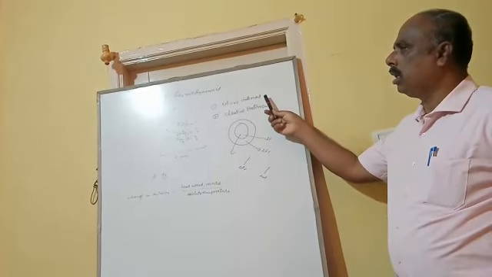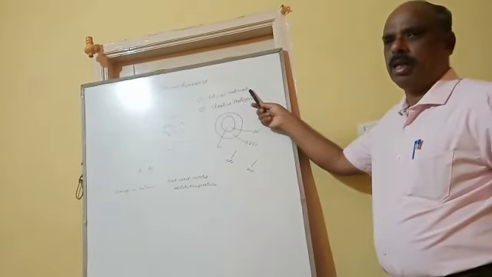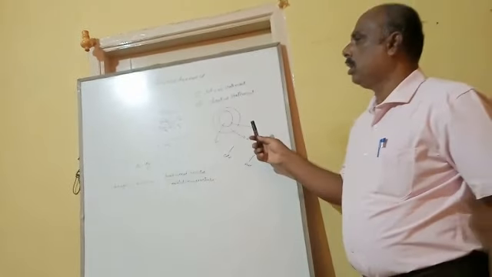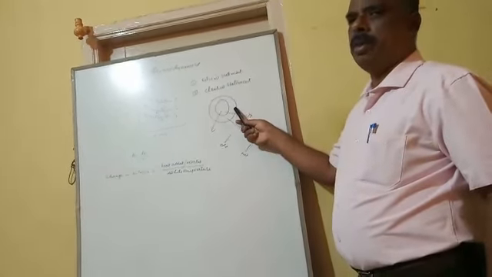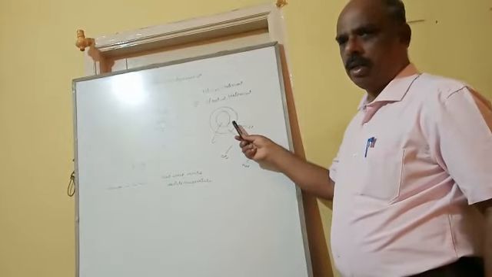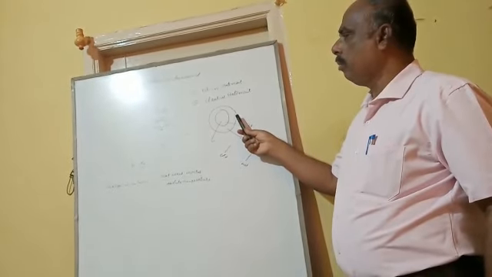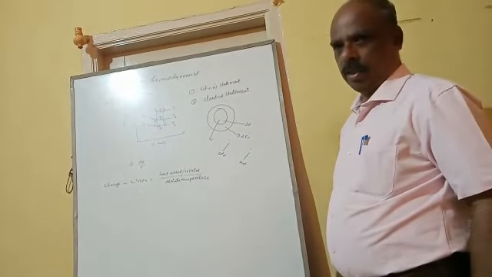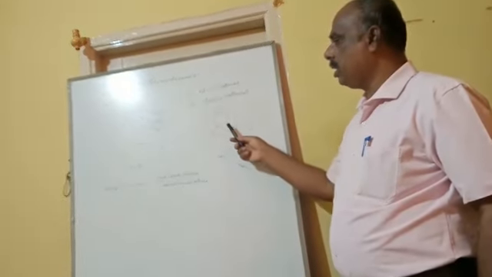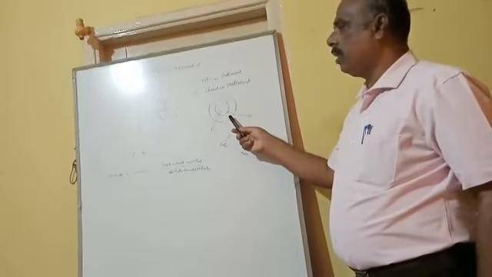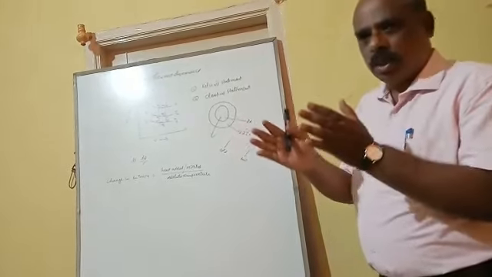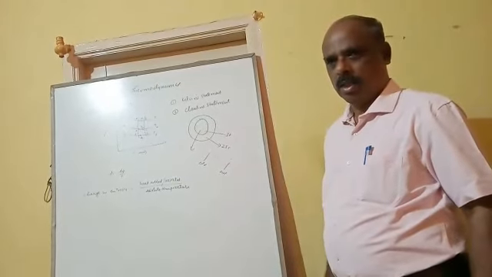What is Kelvin's statement related to the second law of thermodynamics? It is impossible to get continuous work from a body by cooling it lower than the surroundings. For example, if the body is at 30 degrees and the surrounding is at 25 degrees, you cannot cool it lower than the surroundings.